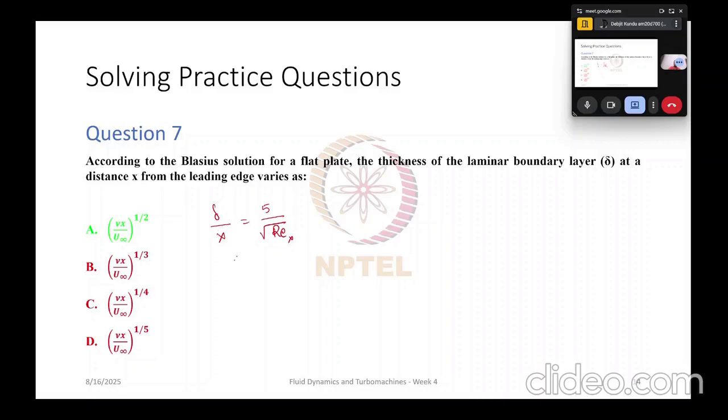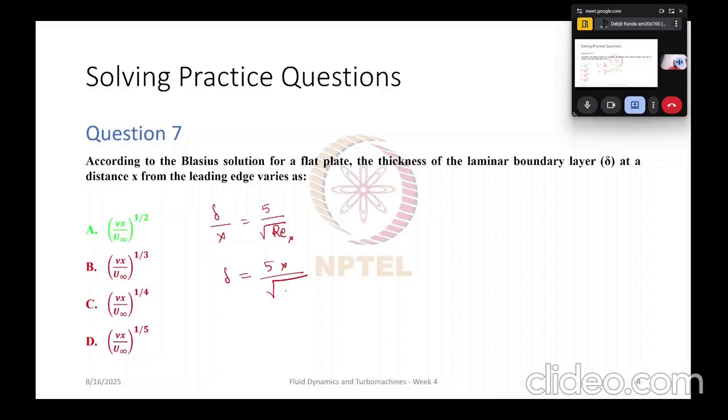Now, in order to find the x variation of delta, we need to send this x over there, so it becomes 5x. And let's break down the Reynolds number.